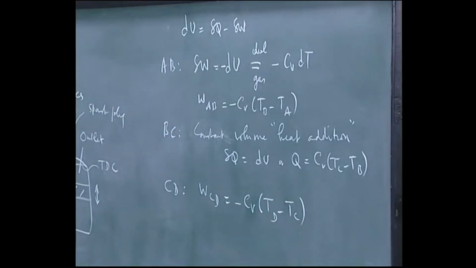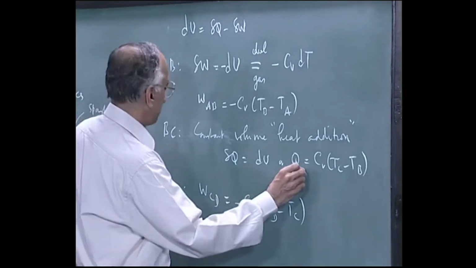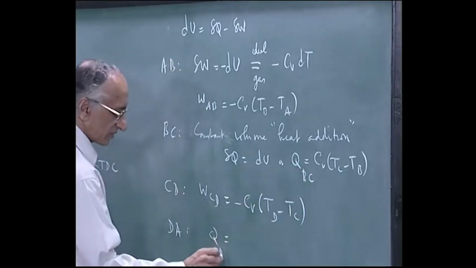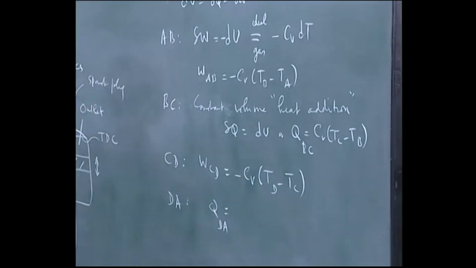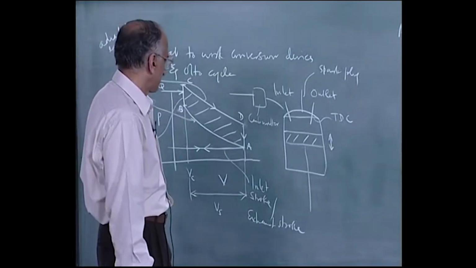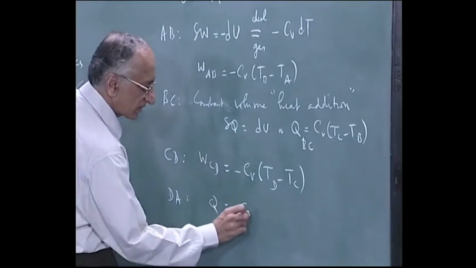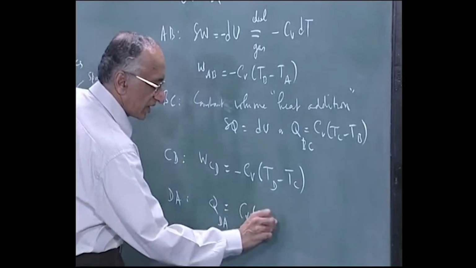Because Td is less than Tc, this will turn out to be positive, that will turn out to be negative. And last one is DA, this is again Q, this is QBC, this is QDA. DA is exactly like this, Cv into Ta minus Td.